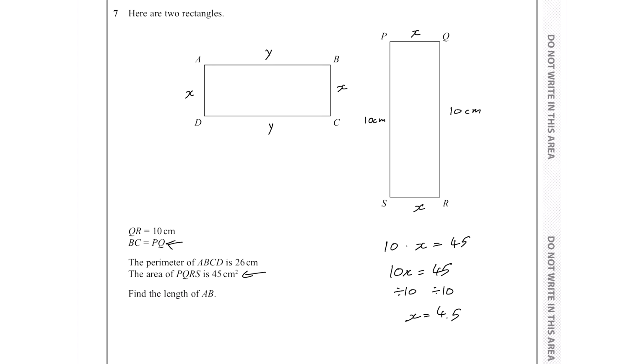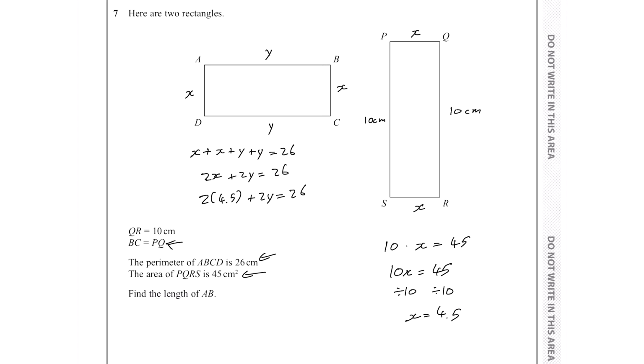So we've been told the perimeter here is 26, so that means that we're going to add all the sides together. So that's going to be X plus Y plus X plus Y is equal to 26, which means 2X plus 2Y is equal to 26. Now I know what X is, so that's 2 times 4.5 plus 2Y is equal to 26.